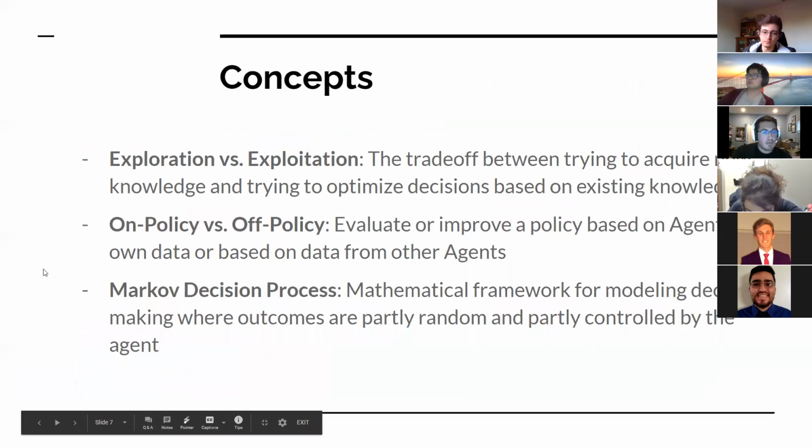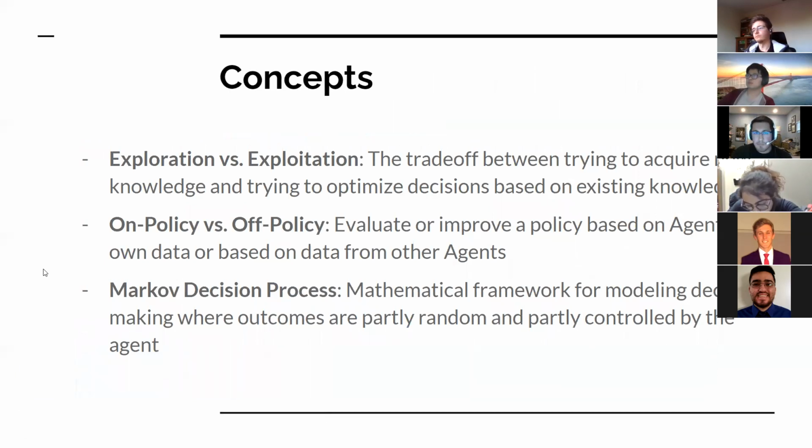Let's see. And next slide, please. All right. So one last thing is just some general concepts. There's plenty more, but some main concepts that you see in reinforcement learning, one of them is exploration versus exploitation.